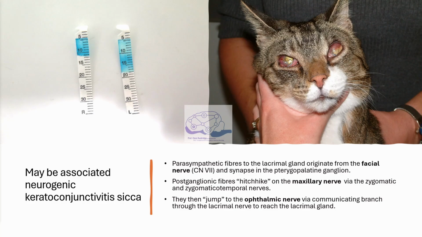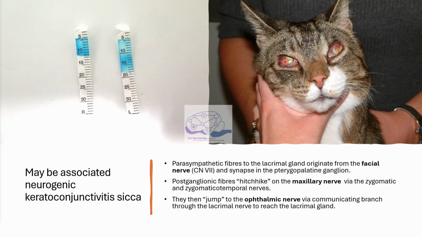And so animals with trigeminal nerve lesions may have a neurogenic conjunctivitis sicca, and if you see a trigeminal problem, you should do a Schirmer tear test, because these animals do not feel sensation in those eyes, making them incredibly susceptible to severe corneal ulceration, because they have no pain response there if they've lost sensation.